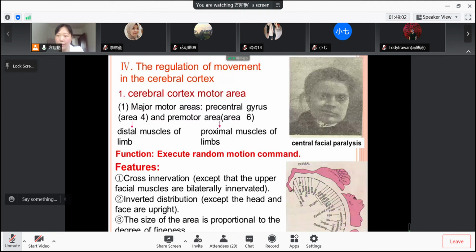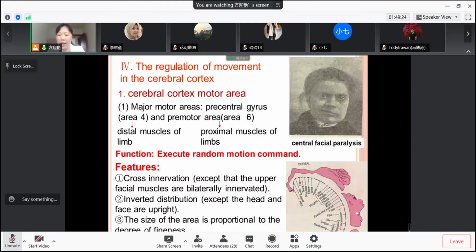Yes, teacher. Understand? So our mouth is also large because we speak. Speaking is a fine movement.